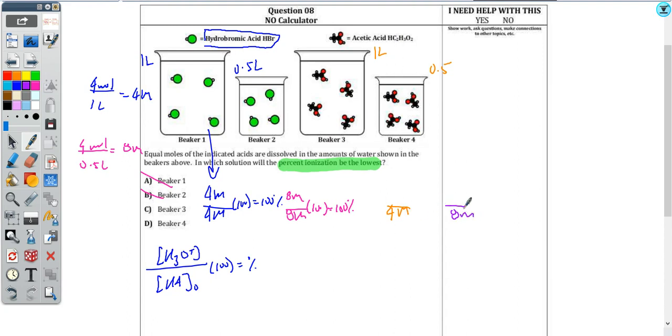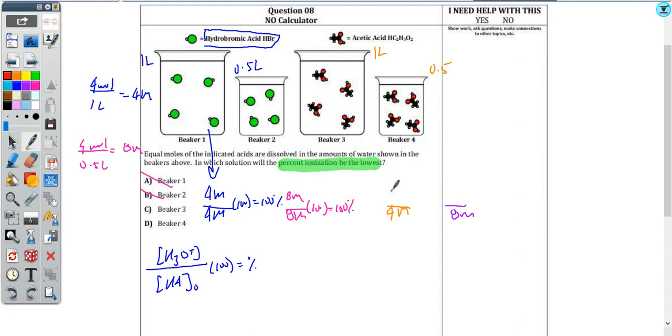So the concentrations are different, but what's going to be different here from what we did earlier is the ionization. It's not going to be the exact same, but it's going to be fairly close. So for the purposes of this particular question, let's just assume that although the ionizations are not identical, they're going to be very close.